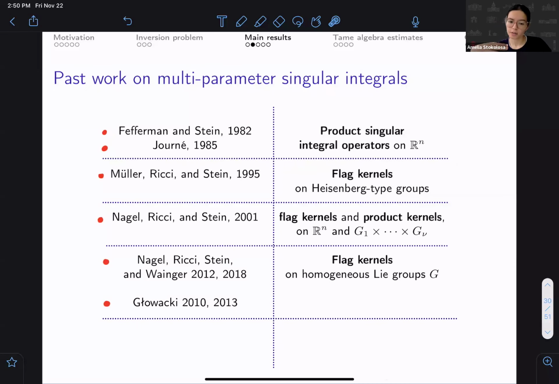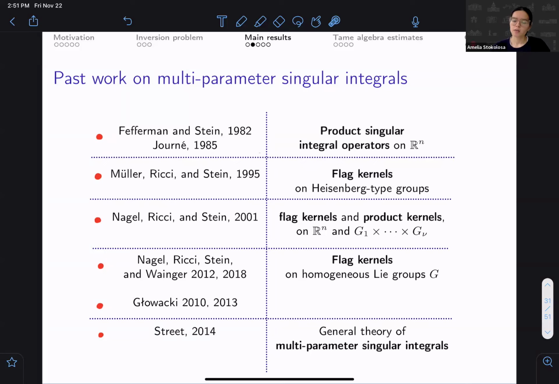And independently, Nagel, Ricci, Stein, and Wainger in 2012 and 2018, and Glowacki in 2010 and 2013, studied flat kernels on homogeneous Lie groups. And finally, my advisor Brian Street in 2014 developed a general theory for multi-parameter singular integrals. And I used a lot of the tools that were first presented in that work.